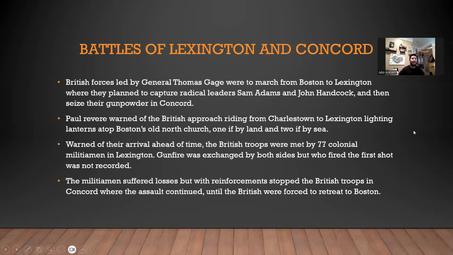The militiamen suffered minor losses, and reinforcements came in and stopped the British troops in Concord. As the assault continued, the British forces had to completely retreat to Boston. They suffered heavy losses.